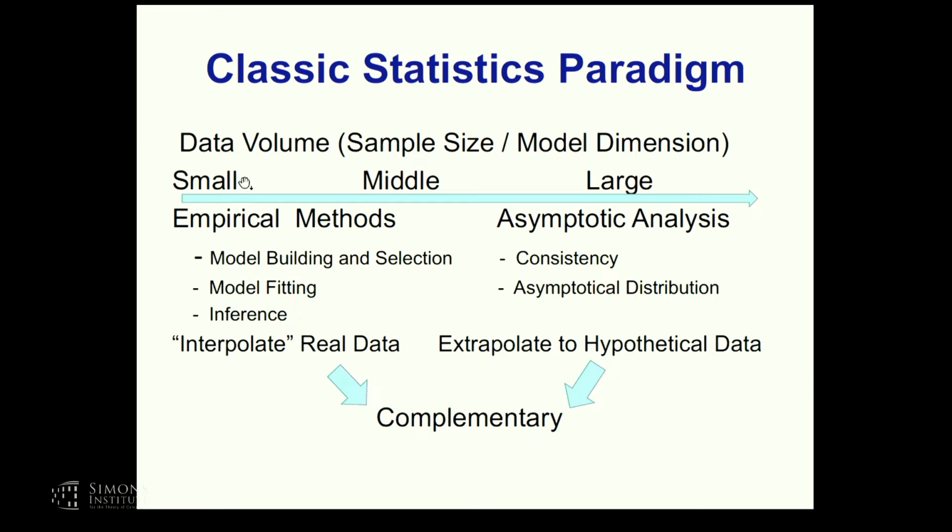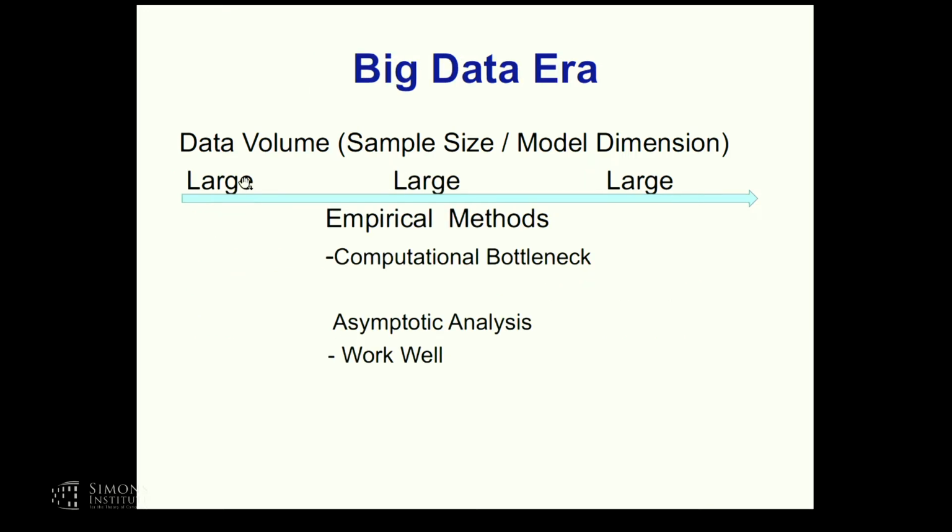Okay. And now we are facing another big issue, which is that now we all have large data or big data. Our empirical methods were mostly invented in the old days, and computation is really a bottleneck, and there are a lot of issues with our empirical methods.